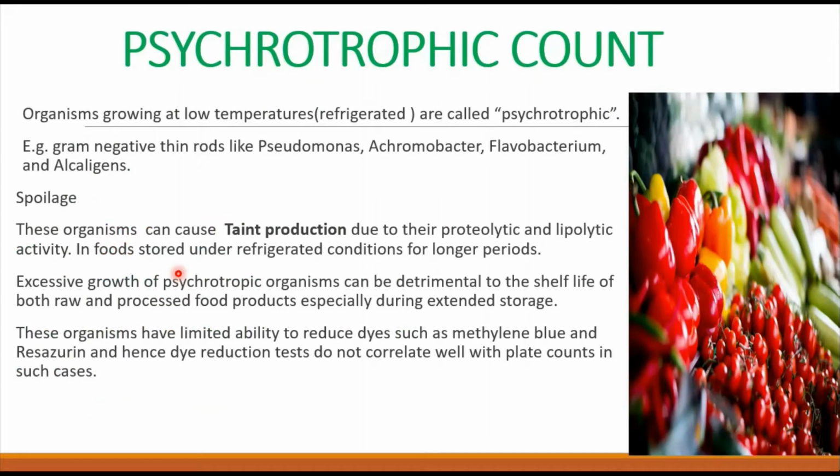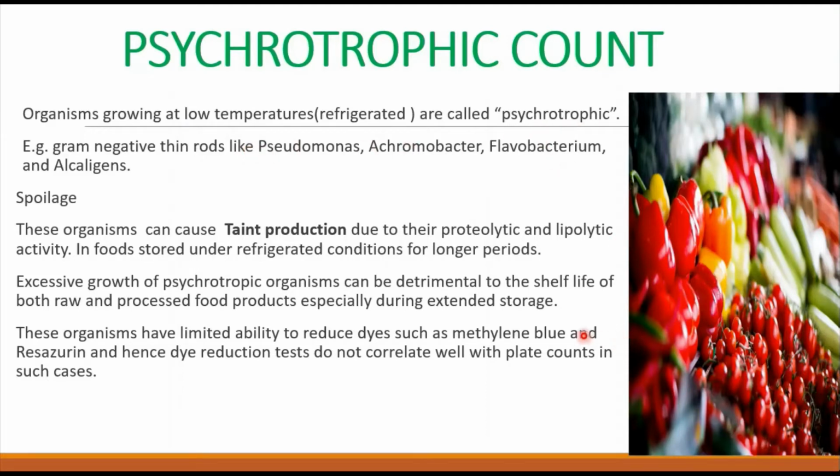First one, psychrotrophic count. That means how you are going to enumerate the psychrotrophic organisms or psychrotrophs. The organisms growing at low temperatures, that means at refrigerator conditions, are called psychrotrophic.